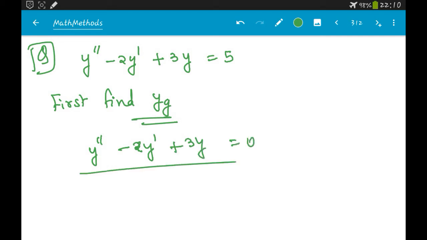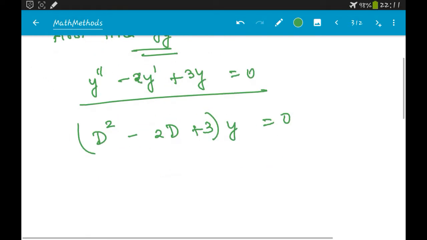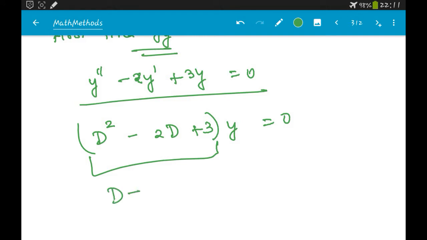This can be written as d square minus 2d plus 3 into y is equal to 0.